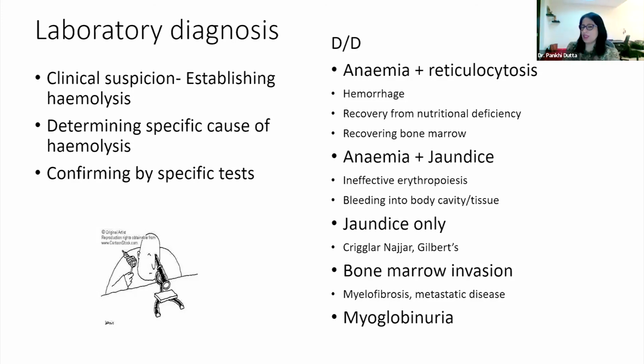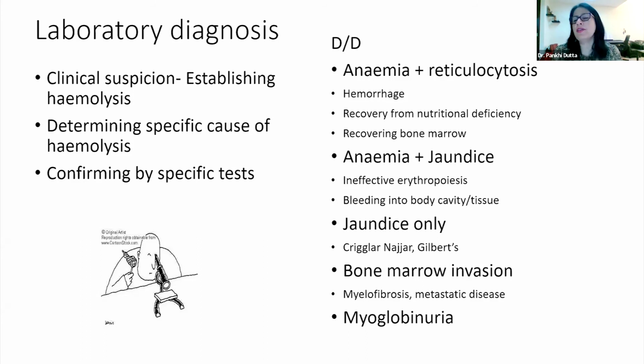There are some situations where we might think that hemolysis is occurring, which is very similar to a hemolytic anemia picture. That is, where you may have anemia and reticulocytosis if there's hemorrhage, or if anemia due to vitamin B12 or folate deficiency is recovering because of treatment.